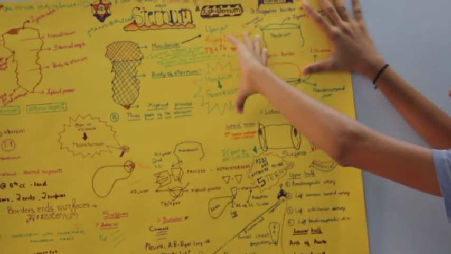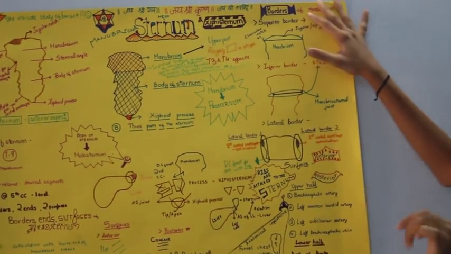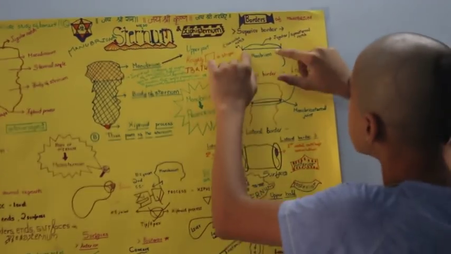So let us see the manubrium now. The manubrium has four borders and two surfaces. Let's explain these. So the superior border of the manubrium has a clavicular notch over here. So the clavicle, I'm making a video on that bone also.